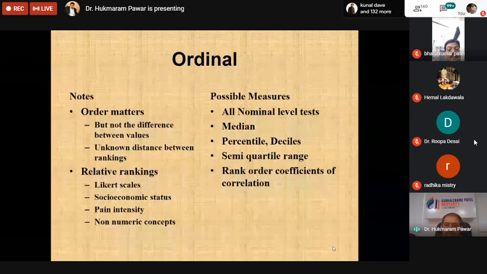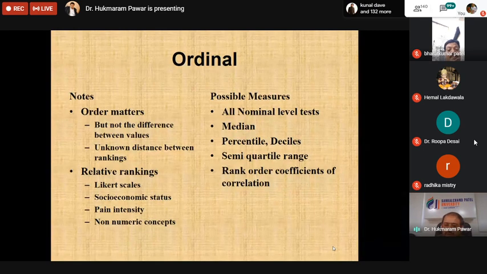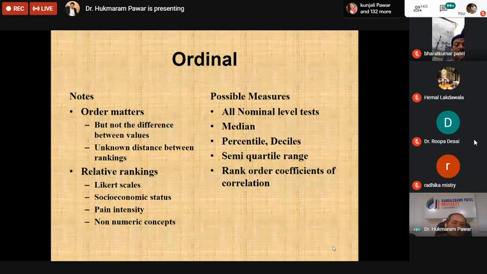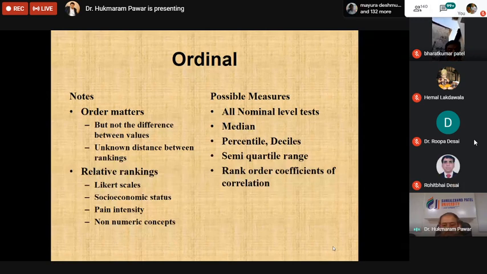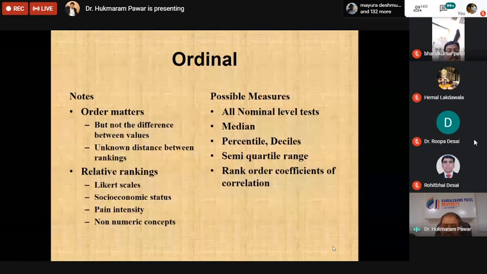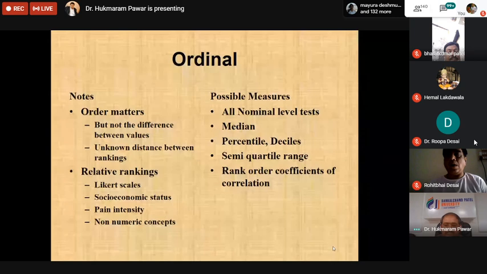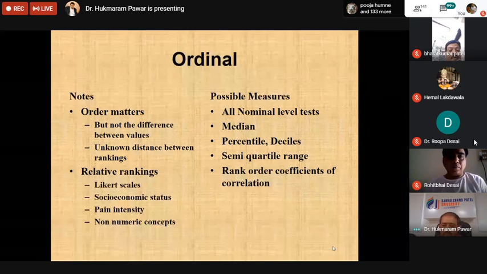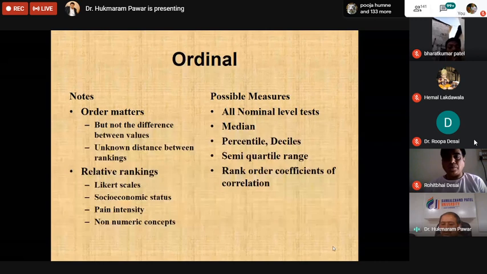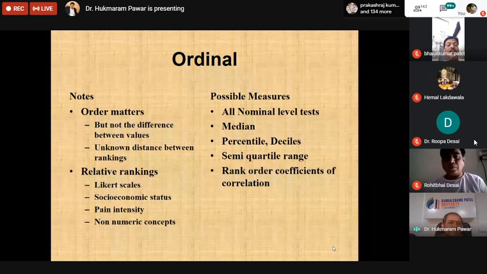Median can be calculated, percentile, deciles, semi-quartiles, quartile range, rank order coefficient, and correlation can be calculated. For example, in a beauty contest, you give the first rank, second rank, and third rank on the basis of qualities. And here you can use Spearman's correlation coefficient. That is possible here.